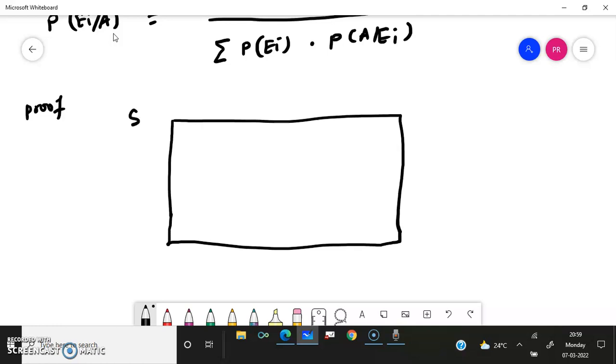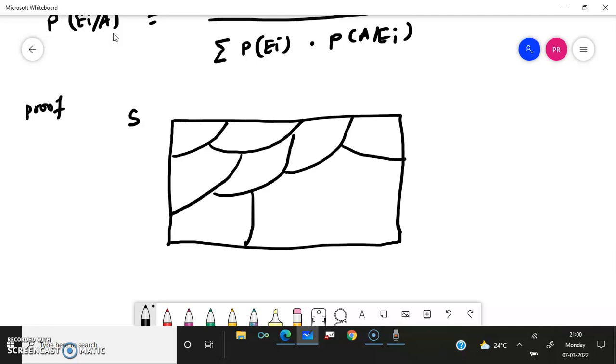And we are having events E1, E2, E3, somewhere you can keep E4, E5, E6, E7, E8, E9, like this it goes on and so on to En, right? See, they are mutually disjoint events.